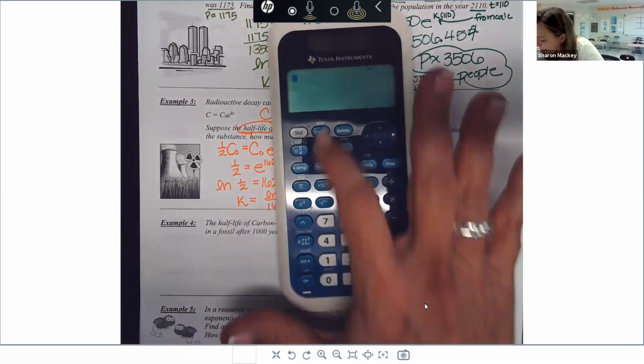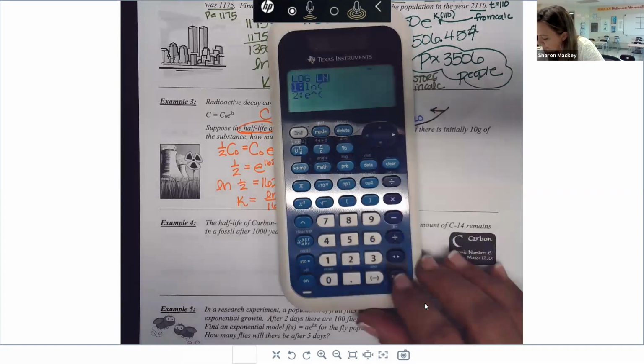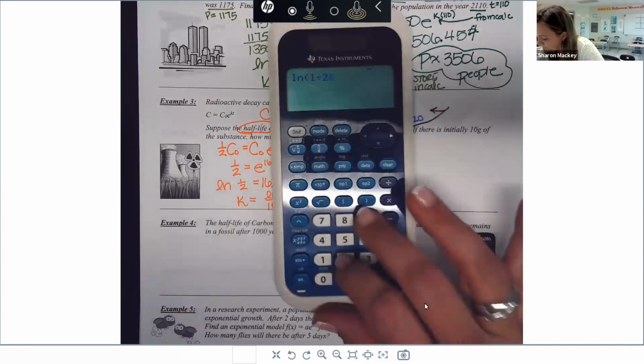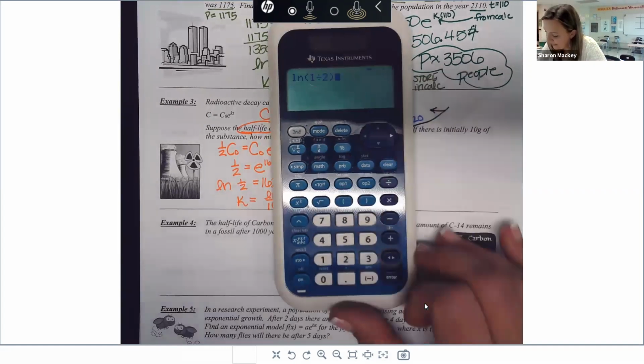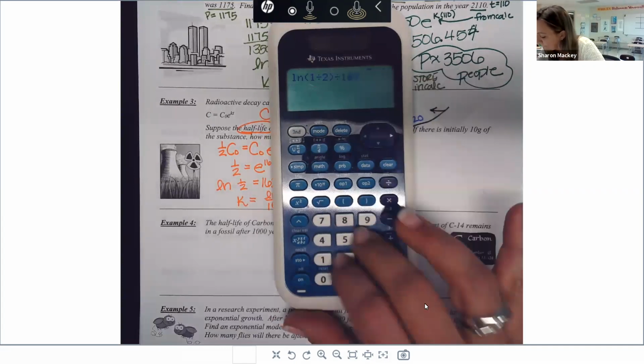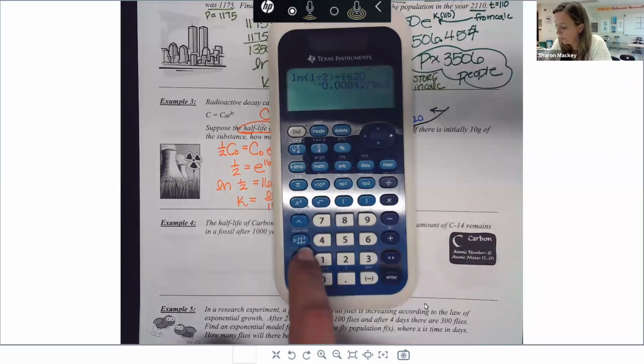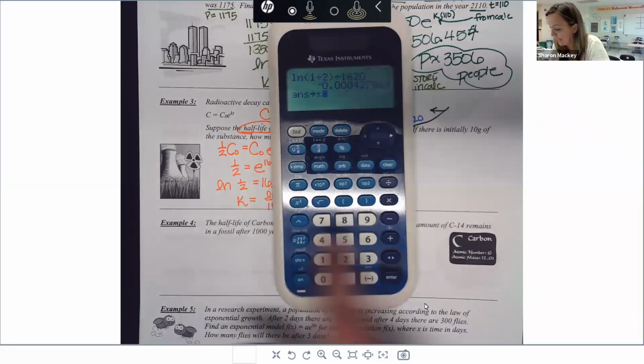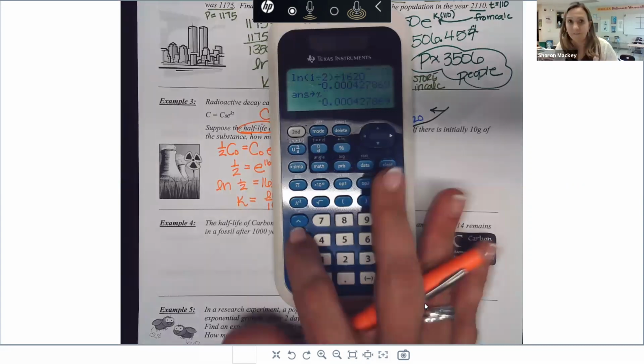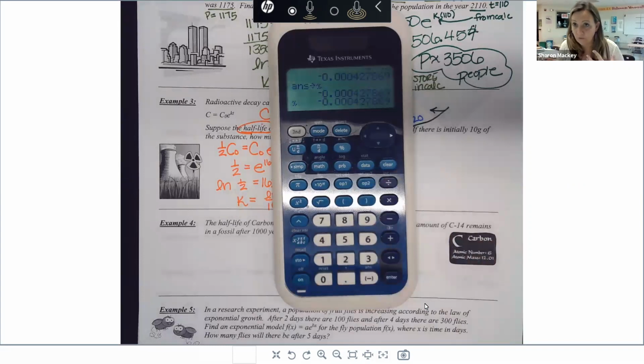So you're going to take the natural log of 1/2, and then we're going to divide that by the 1620. Now this is my new K value. So all you have to do is just press store X and press enter again. And again, now every time you press X, it's going to give us that new value that you stored there.